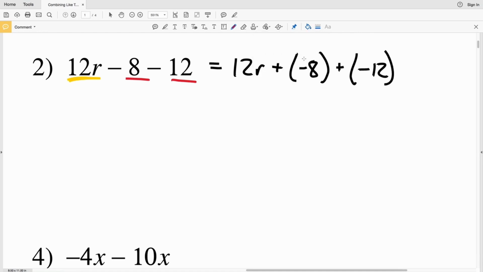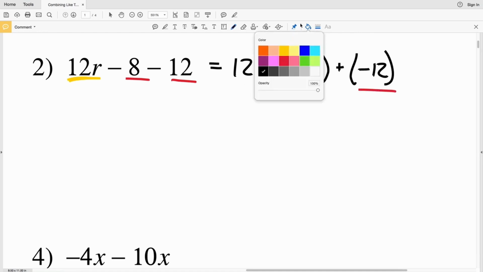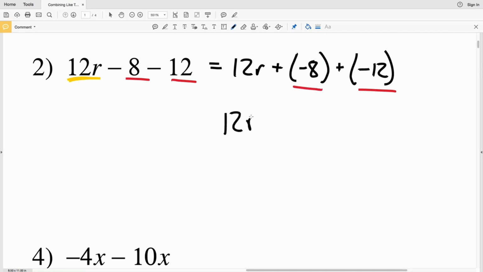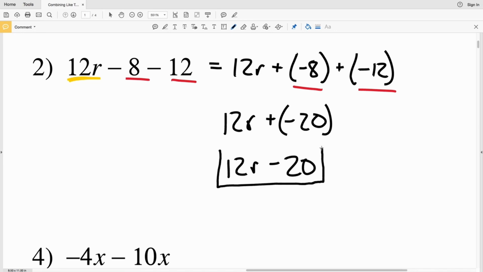Again, we're combining the negative 8 and the negative 12. So this is going to give us 12r plus negative 8 plus negative 12 is negative 20. Rewriting that, we get 12r minus 20 as the answer for number 2.